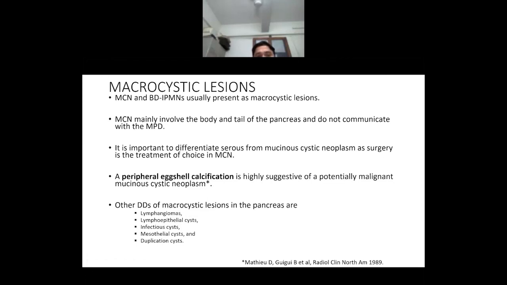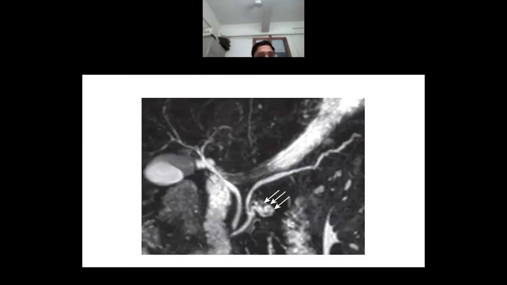Other differential diagnoses of macrocystic lesions in pancreas are lymphangiomas, lymphoepithelial cyst, infectious cyst, mesothelial cyst, and duplication cyst. This is the maximum intensity projection MRCP showing a cystic mass with lobulated borders located in the uncinate process of pancreas, which is a branched duct intraductal papillary mucinous neoplasm.